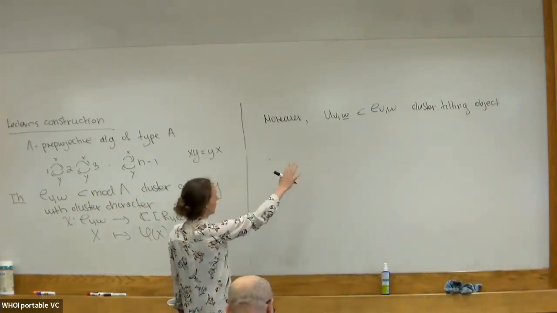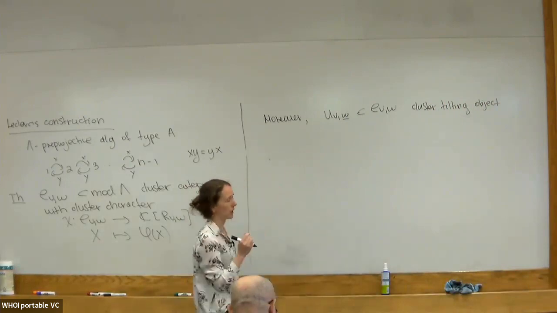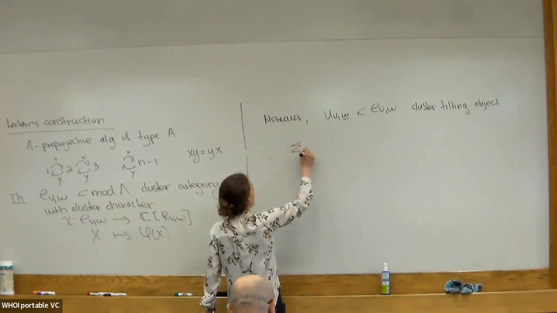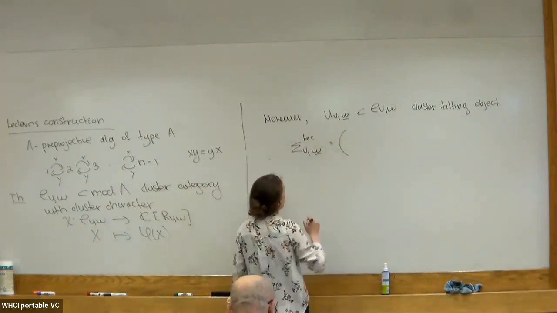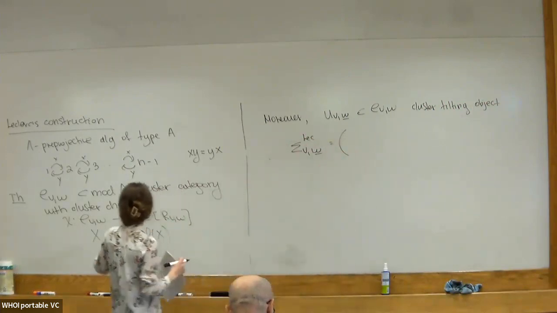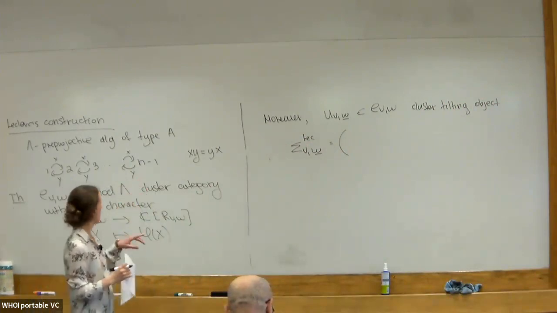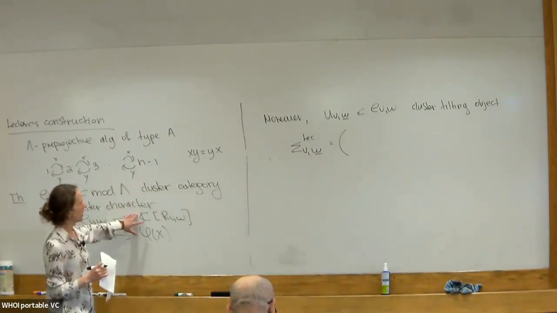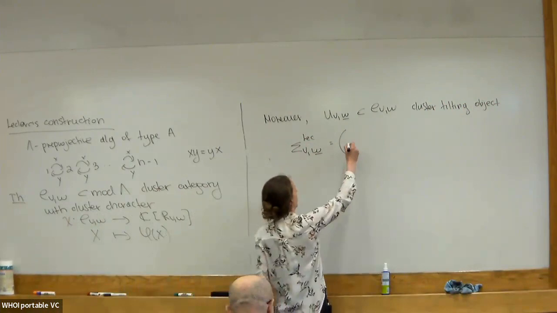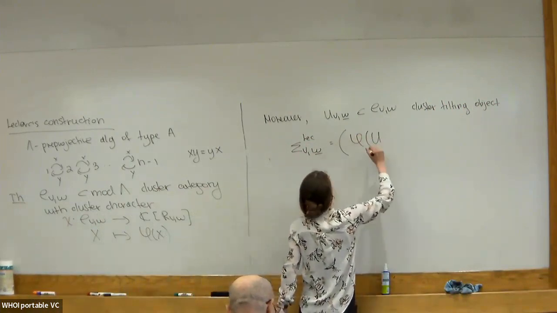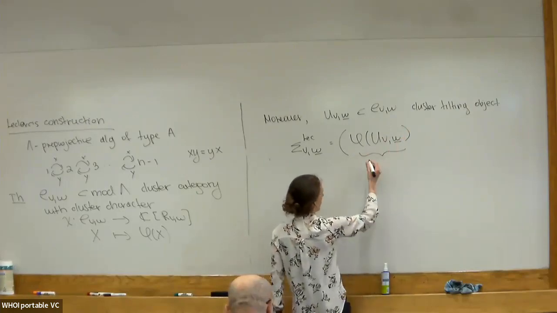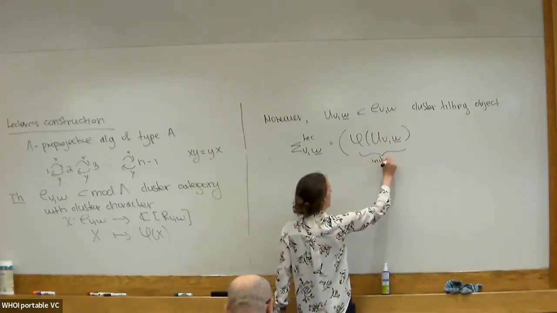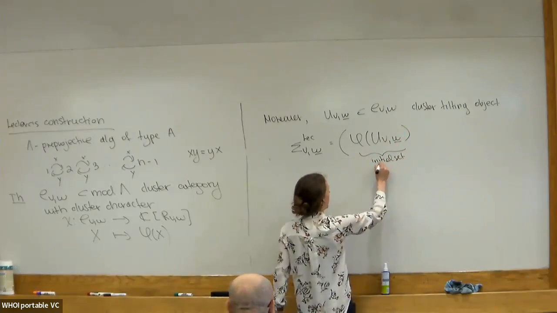And so this cluster tilting object induces the initial cluster seed, the seed that we saw before. So if you apply this cluster character map to this object, you get elements of the coordinate ring, and these would be exactly the initial cluster variables. So if you do this, you get the initial set of cluster variables.